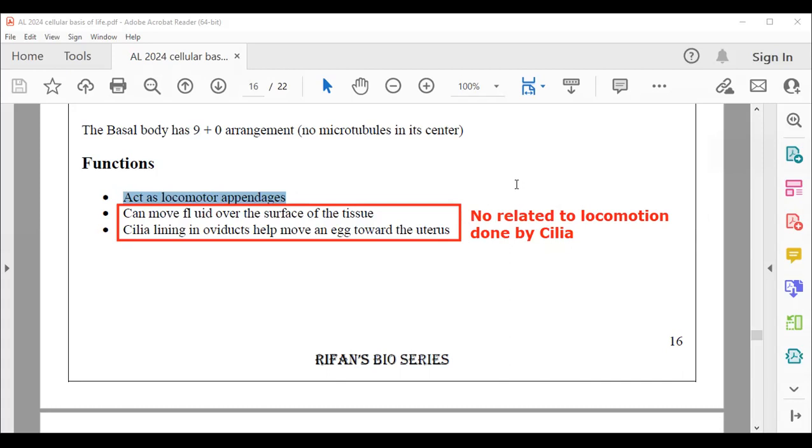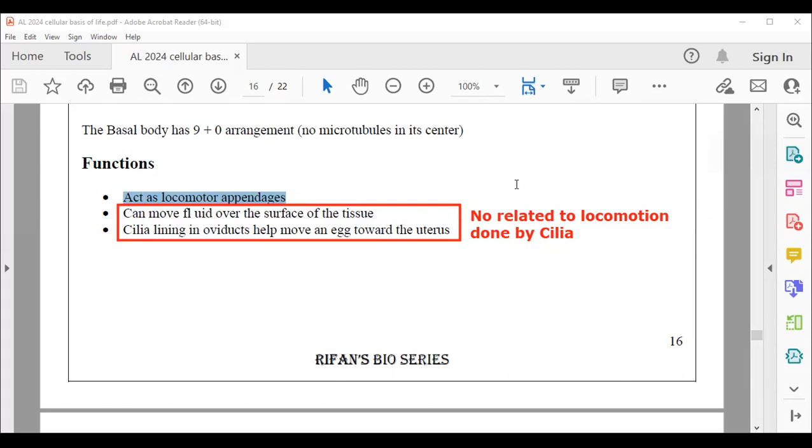Cilia perform the locomotion function and non-locomotion movements also.